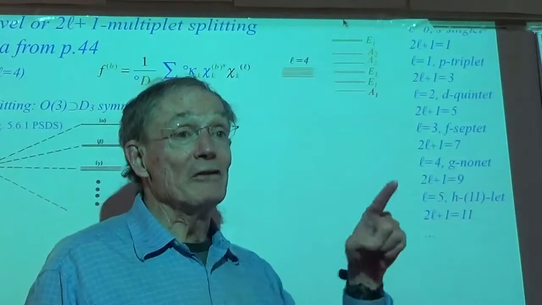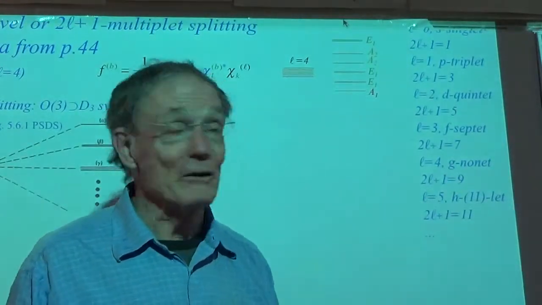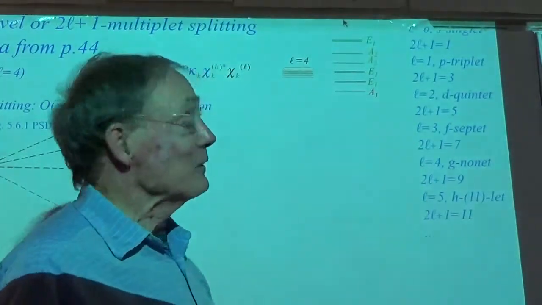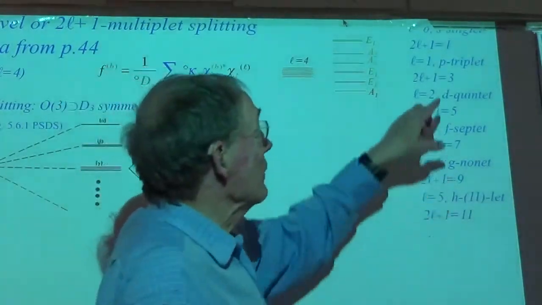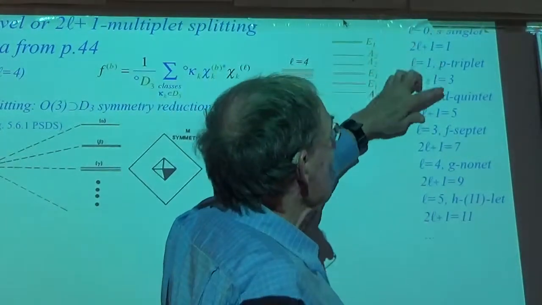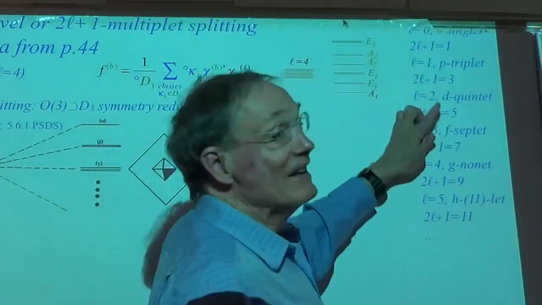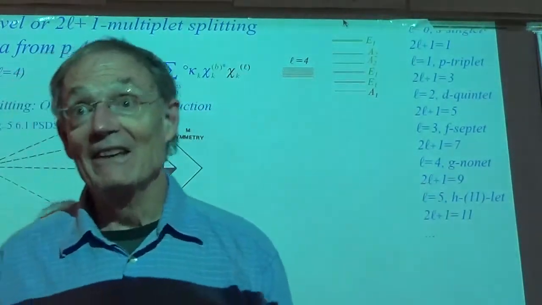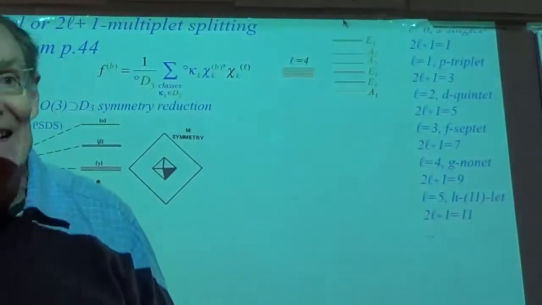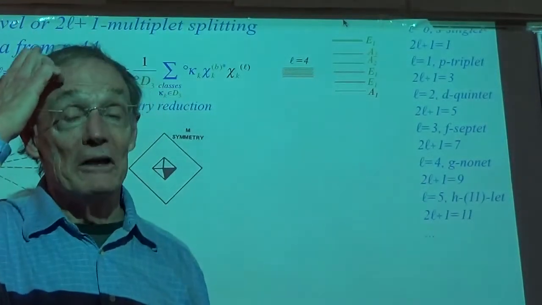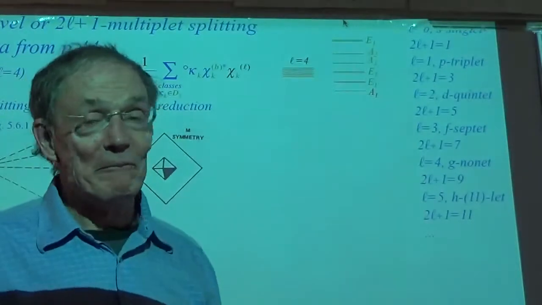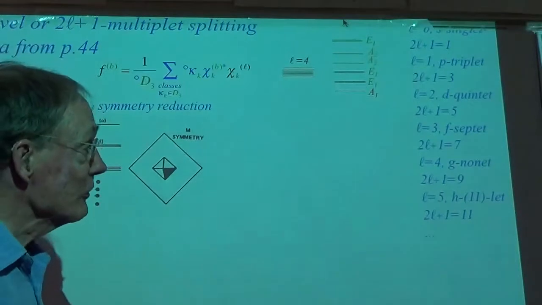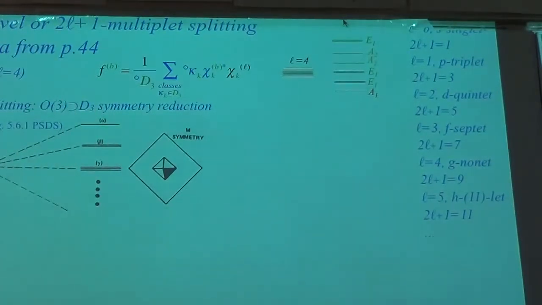Sometimes they skip J because J is so common as a symbol for angular momentum, so they didn't want to get completely screwed up. But these are very ancient letters. And in molecular physics we go sigma, pi, delta, phi, gamma, and why? See, this is where group theory really helps, because we have much better ways to label them. But that's the standard way of labeling by this ancient spectroscopic terminology.